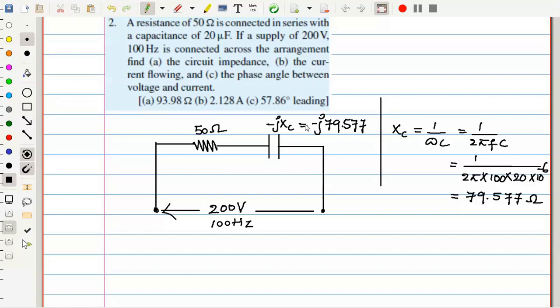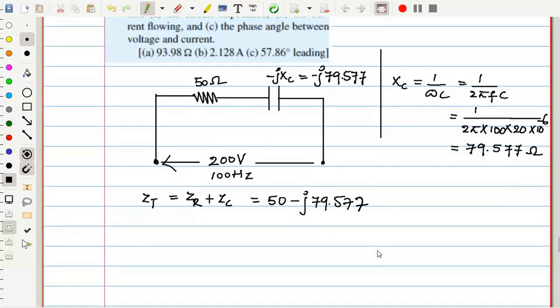Now a simple thing. The first question is the circuit impedance. What is the circuit impedance? This is a series circuit, so the circuit impedance is the resistive impedance plus the capacitive impedance. That is 50 plus the capacitive impedance, minus j 79.577. What we need exactly is the magnitude, or we need the polar form.